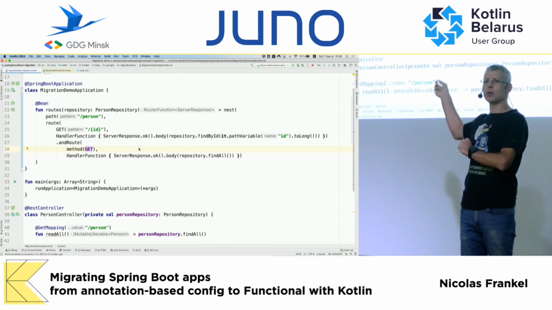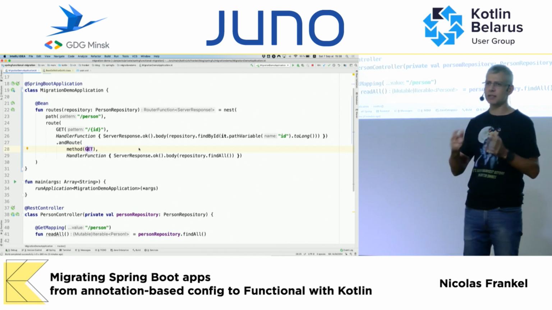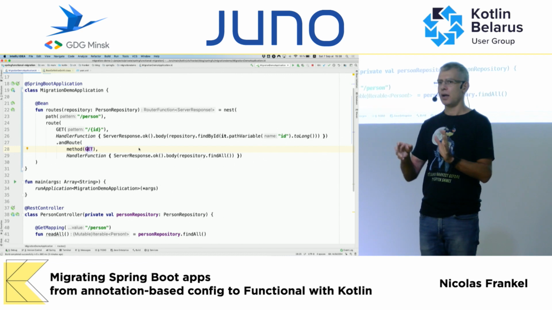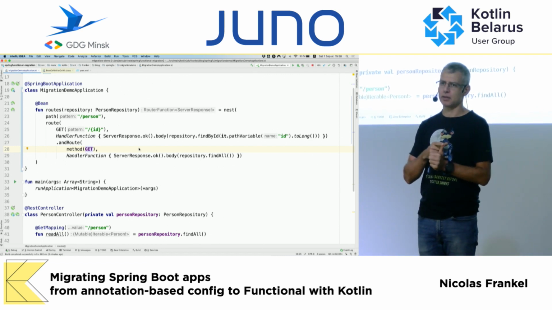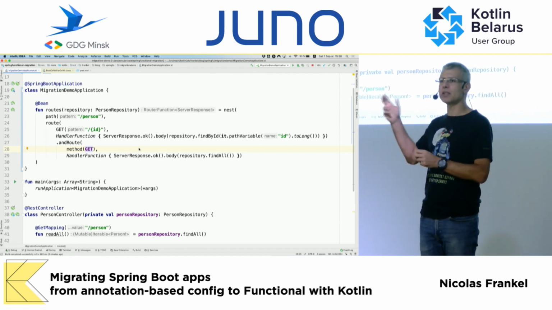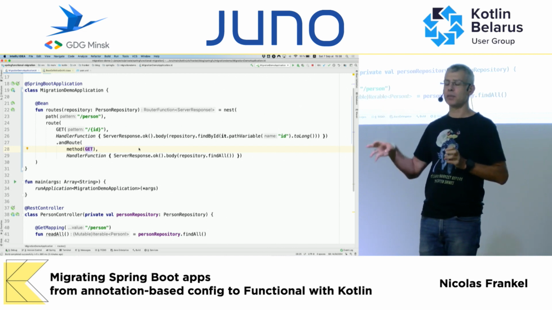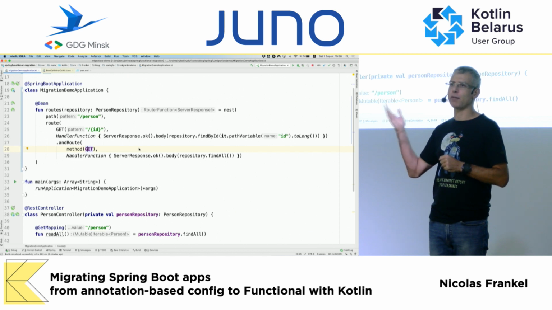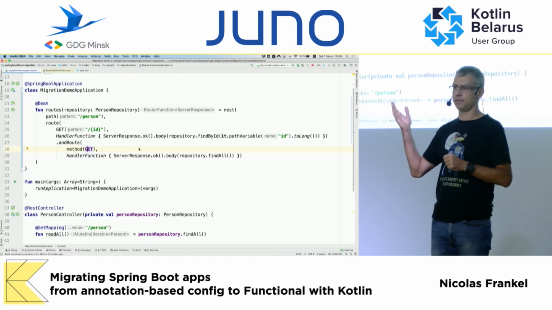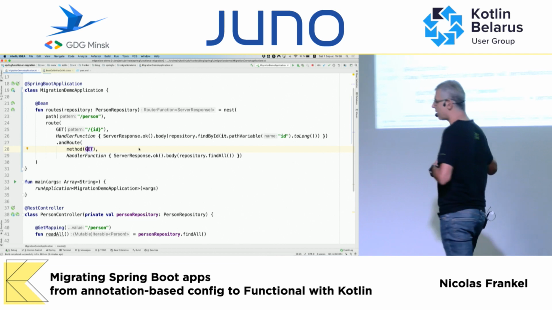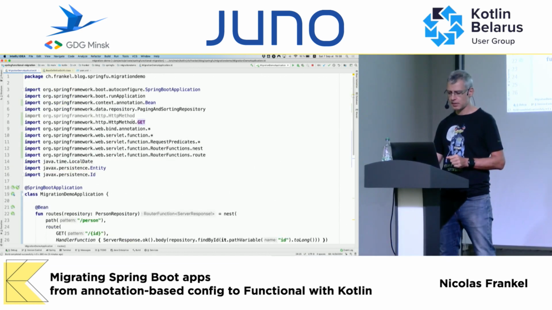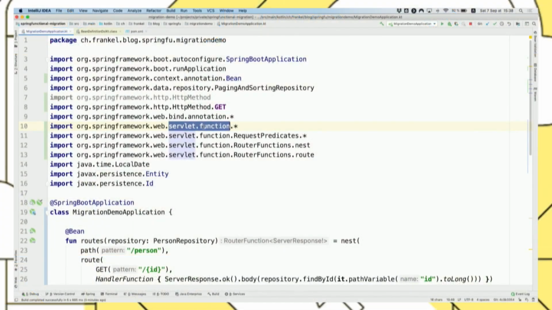But people wanted this new API for servlet stuff because reactive is great, but in most cases you don't need it. And it's hard to debug. So you still want the new functional API, but without it being reactive. And it's called WebFn, Web Functional. So everything that is here is not reactive at all. It's in the servlet function package. Very important.